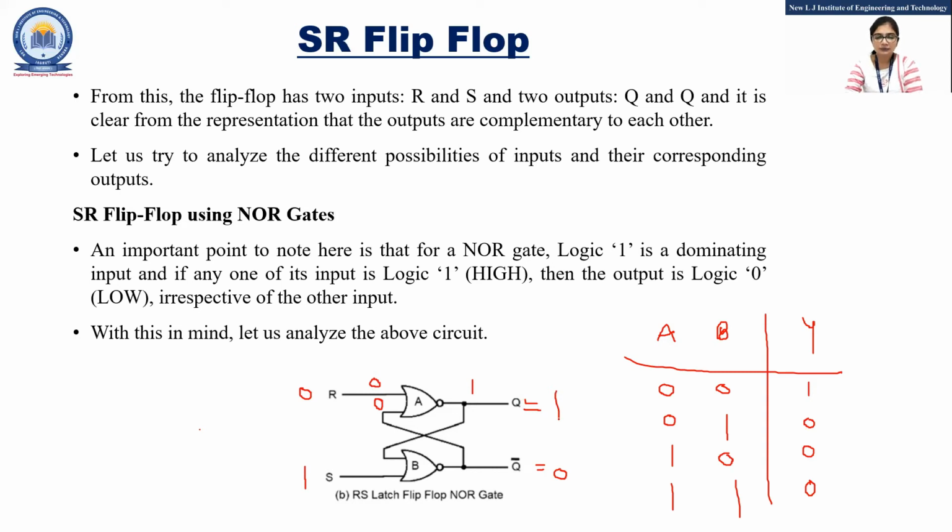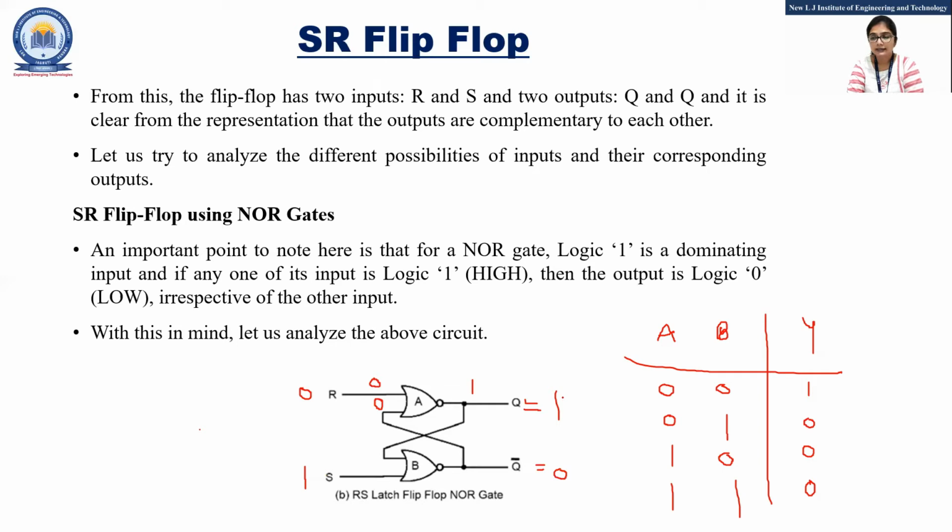Fine. So we can say in other words, when S is equal to 1, Q will be 1 and Q dash will be 0. This is nothing but the set mode. We can say flip-flop is in the set mode because whenever set input is 1, Q output will be 1.